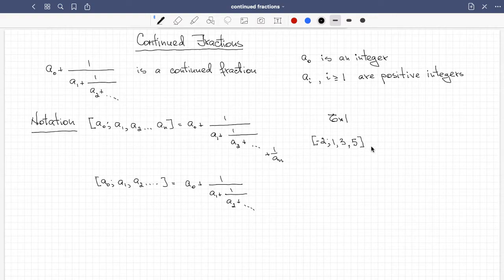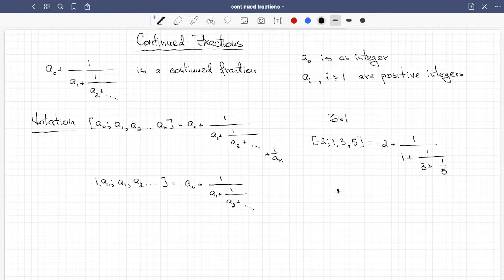By this notation, this is -2 plus 1 over 1 plus, this is the 3, 1 over 3 plus, this is the 5, 1 over 5. Now it is clear what it is.